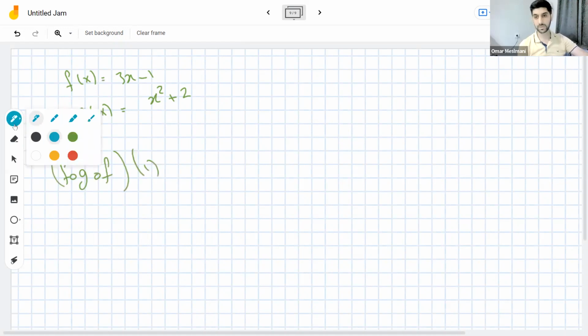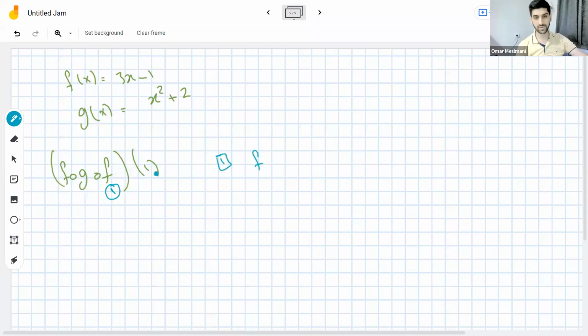Now here I have a composite of functions, but 3 times. The first time, I will start with f. So first I'm going to find the value of f1, and then I will take it and put it in g. Then the answer I get, I will put it in the f.